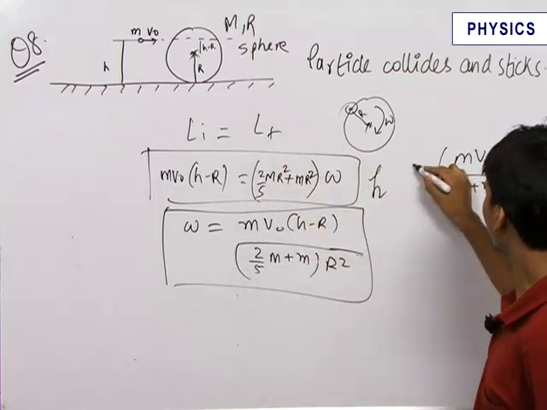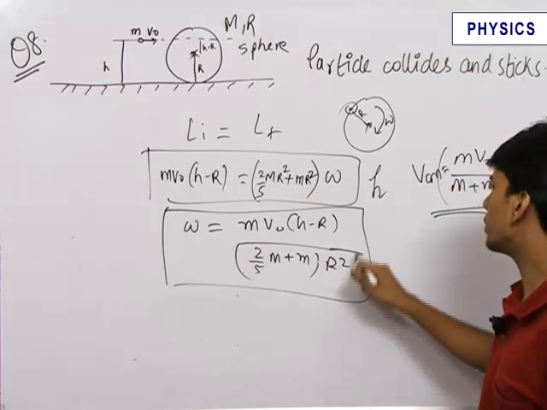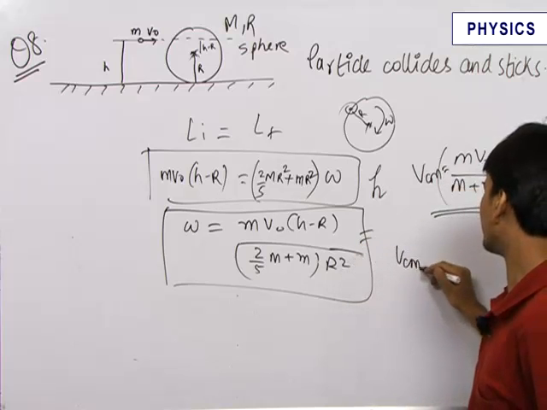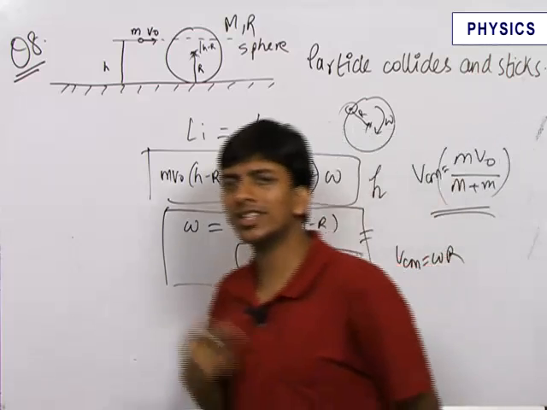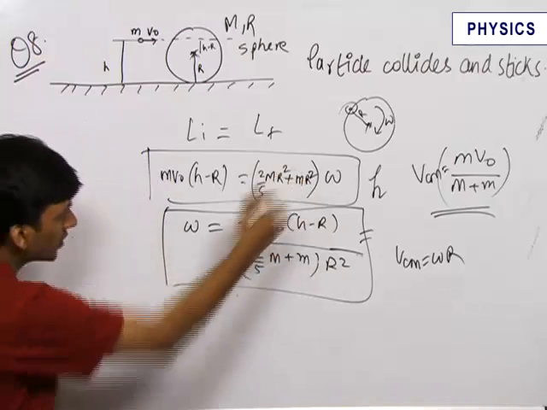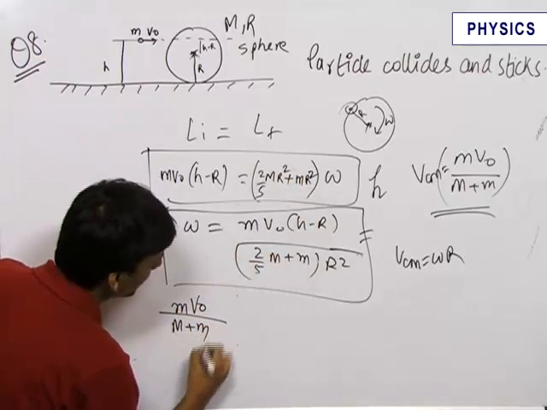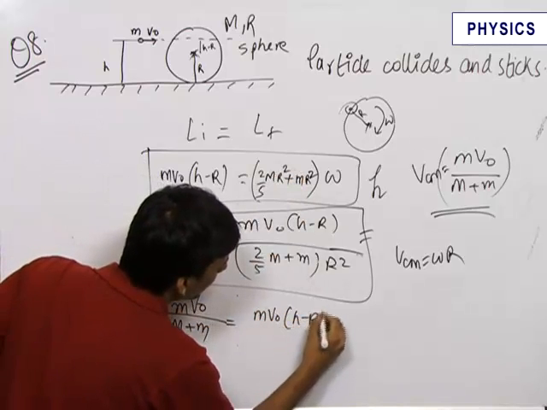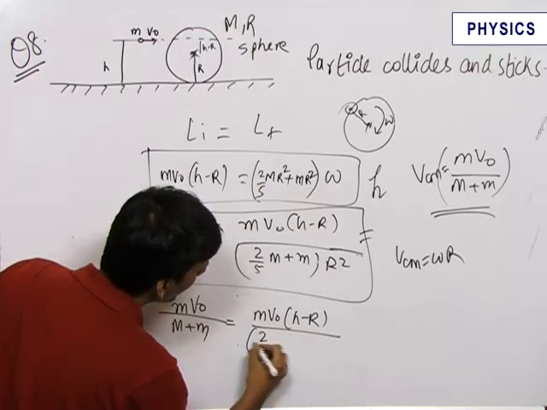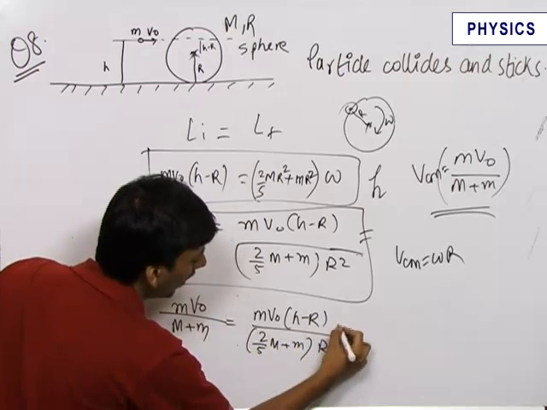For pure rolling, the velocity of center of mass should be equal to omega r. If initially this condition is satisfied, then the object starts doing pure rolling. So we just equate it: mv0 upon (M plus m) is equal to mv0 into (h minus r) upon (2 by 5 M plus m) r square into r.